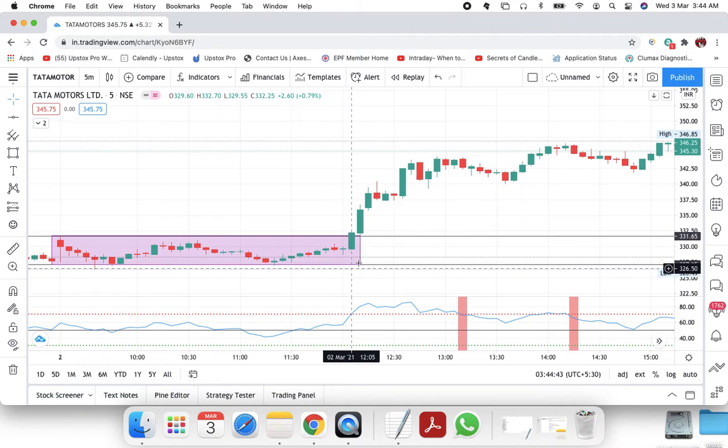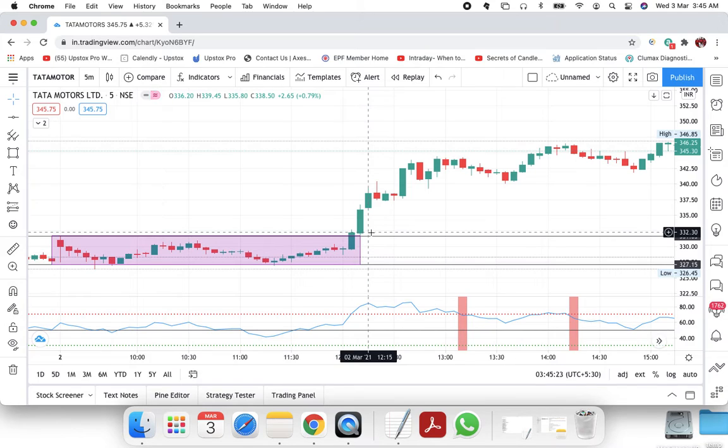So the ideal stop loss is the previous candle low, and below the range is also a very good stop loss. So we have decided our stop loss, either one of these prices, and we decided our entry here. We made our entry. Then what is our exit?